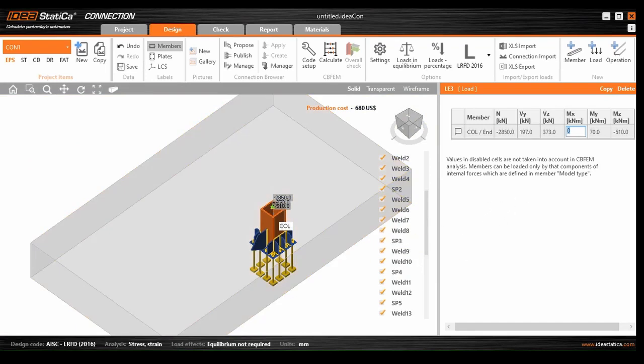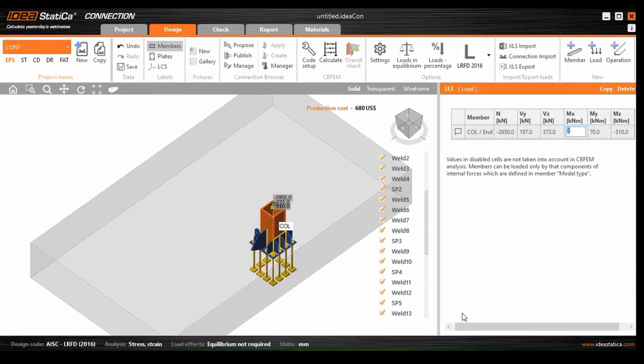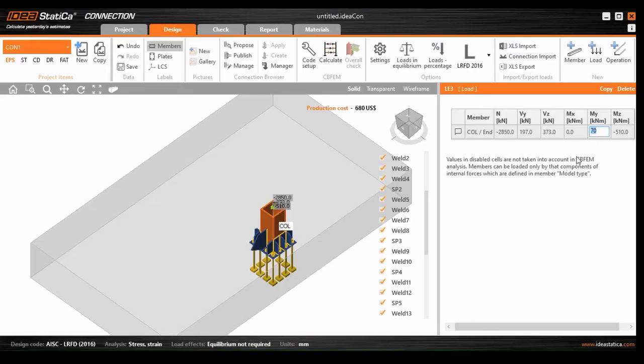And then we should assign MUY. MUY is also MUY in our model, so it is about 30.7 ton meter, which is actually approximately 137 kilonewton meter, and change the MSZ to 0 here and VY to 0.